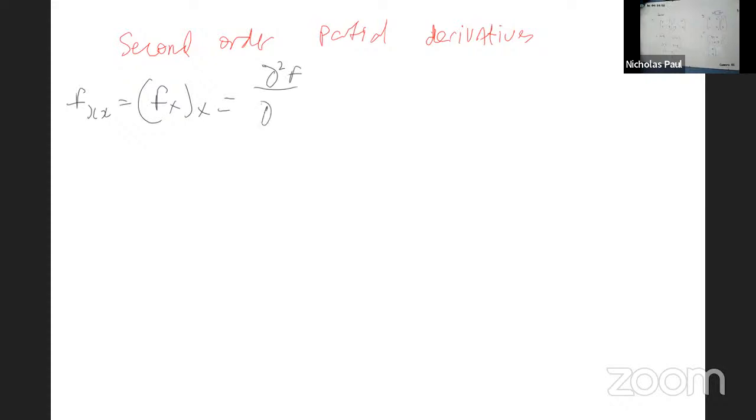So I'm just giving you different ways that it could be written. You're finding the partial derivative with respect to x twice. So you can see f subscript xx, or you could see partial squared f over partial x squared. You'd have different ways you could write it.